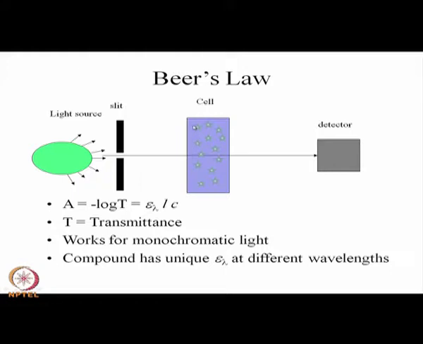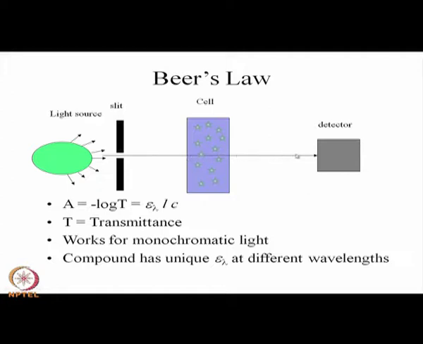Cell means the sample. It is an optical cell, sometimes called a cuvette. After the light passes through the sample, its intensity is altered. This light source may have a single frequency or it may have a number of frequencies.